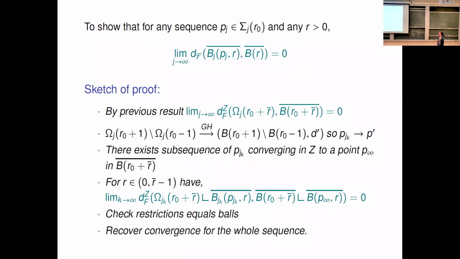So actually, we just chose an annulus, and this annulus is going to converge to an annulus in Euclidean space with some distance. It's not the Euclidean distance, but it does not matter. And so we can choose a subsequence that converges to some point in this annulus, of course.